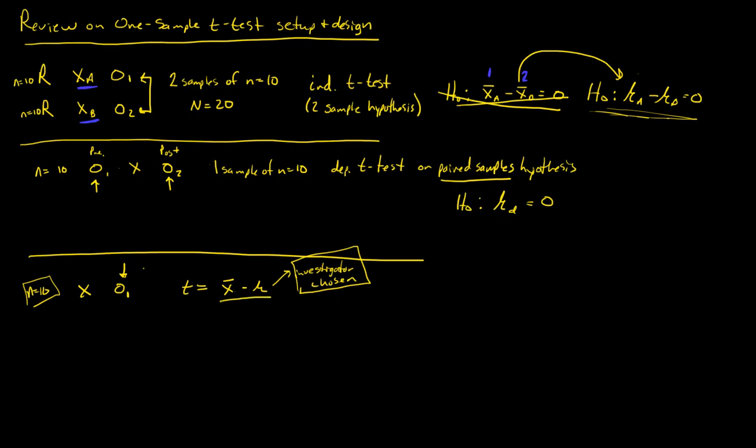Then you divide this by the standard error of the mean, which again we know to be equal to the square root of the variance divided by n.